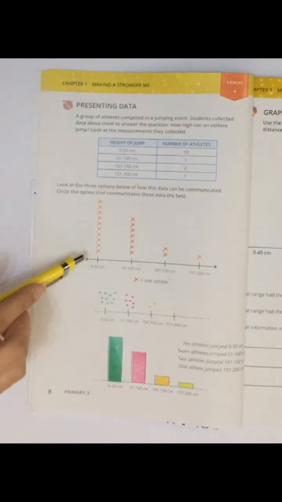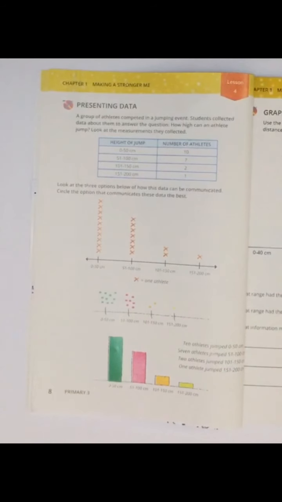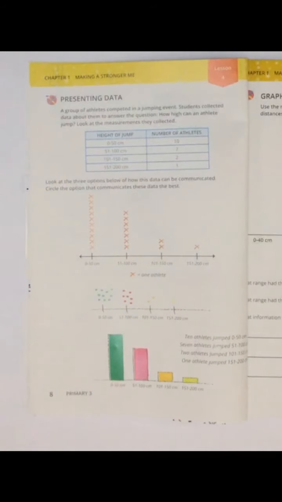Every graph has this line. This line represents the range of the height of the jump of every athlete. The first graph, we use X to represent one athlete. The first range from 0 to 50 centimeters, we have 10 athletes, so we will put 10 X's.